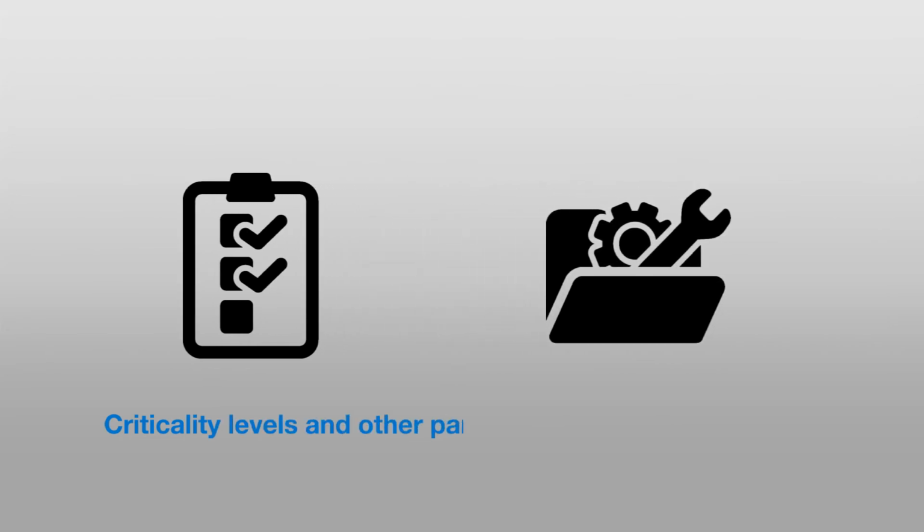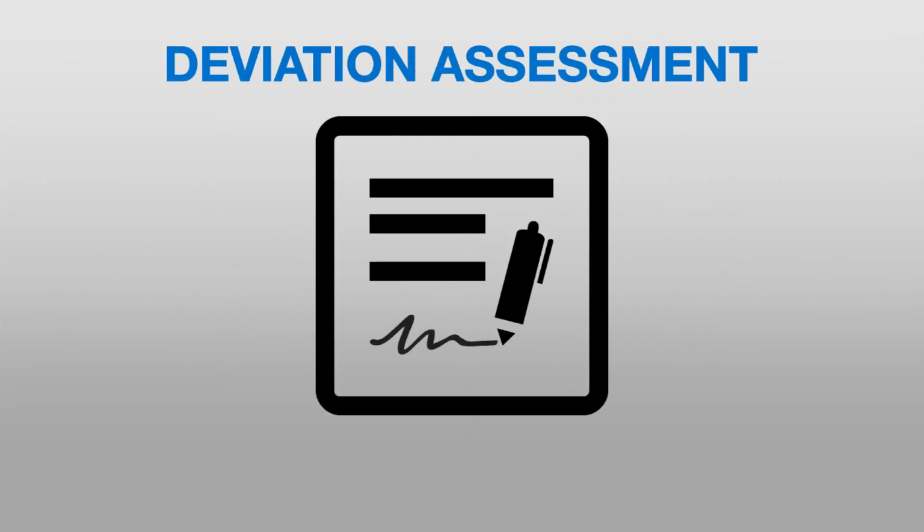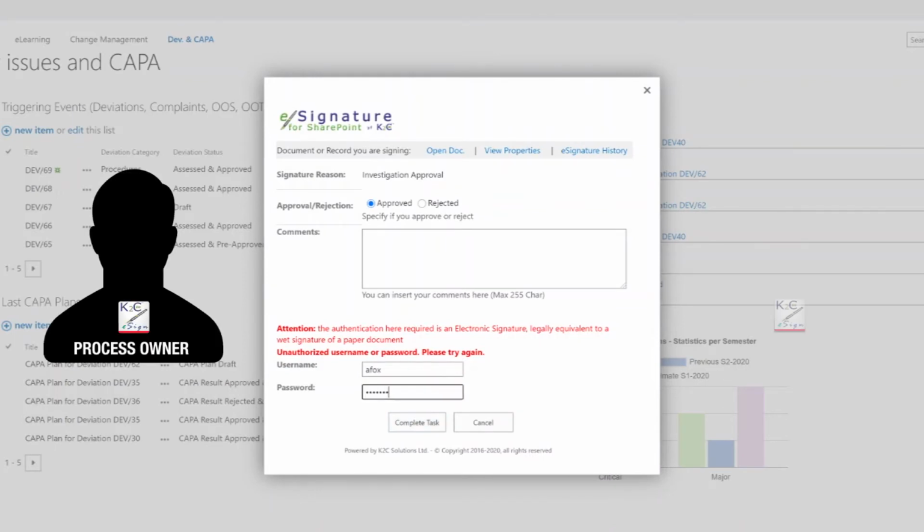Selection criteria to determine behaviors based on the impact of the issue and other parameters can be customized. A deviation assessment usually requires an electronic signature of both process owner and quality assurance.